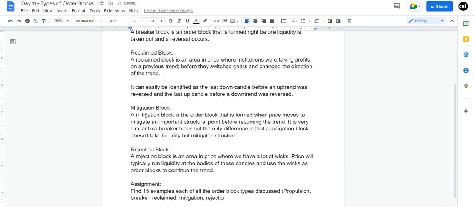I don't need you to find vacuum blocks, because we won't really use them much. It rarely happens, and I don't even trade such things, so I'll just leave the vacuum blocks. So find 15 examples of each, all right?